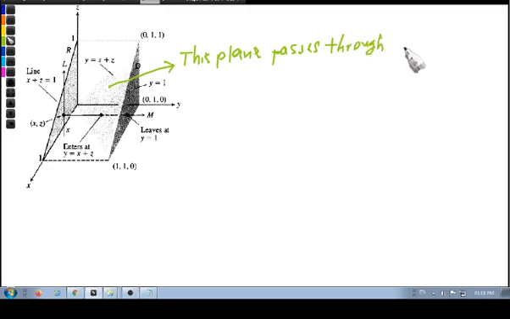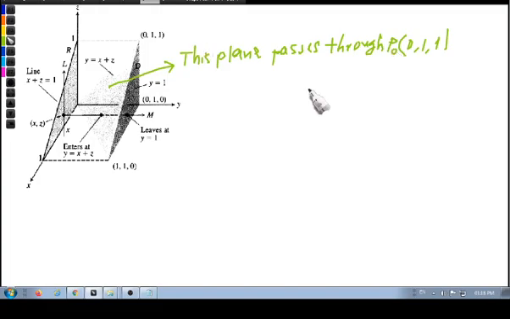So let us write this plane. This plane passes through P naught, 0, 1, 1, and a normal vector to this plane I have to find out.